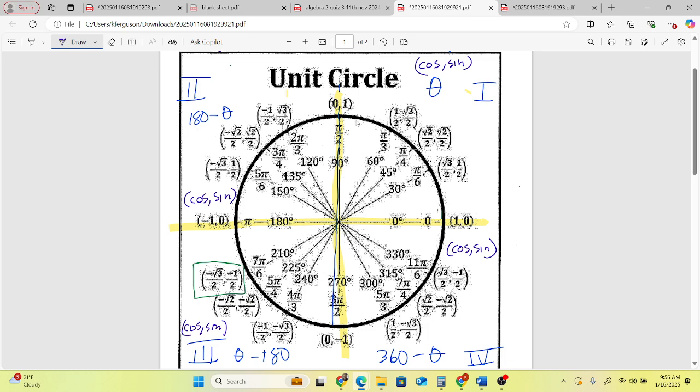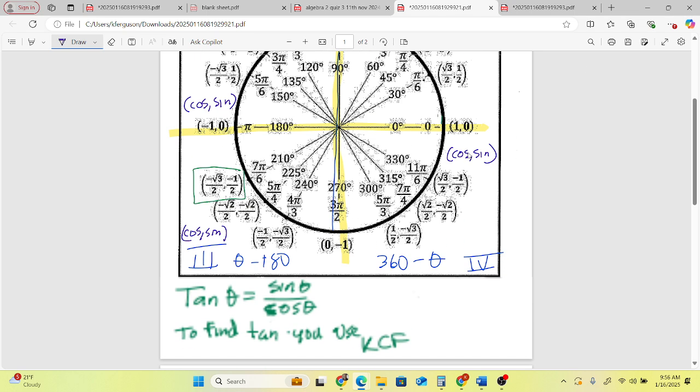So for instance, 120. If I want to know what the reference angle for 120 is, it'd be 180 minus 120, so it'd be 60, right? Okay, so what if I'm in the third quadrant?